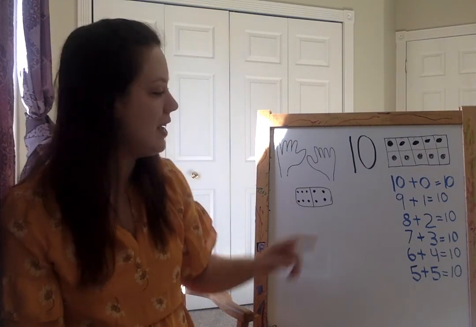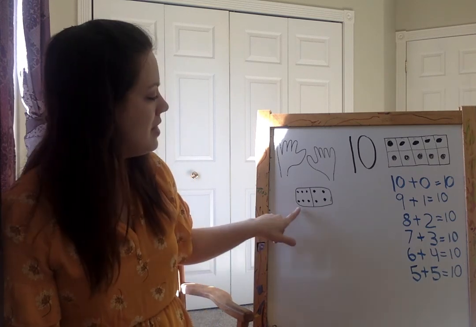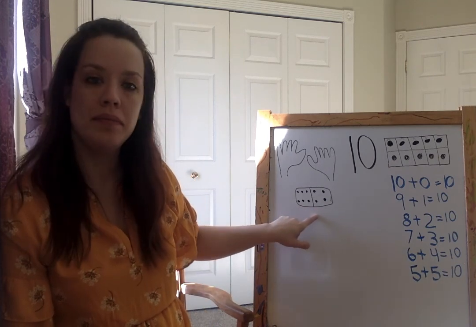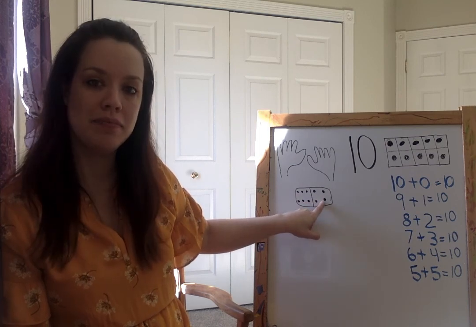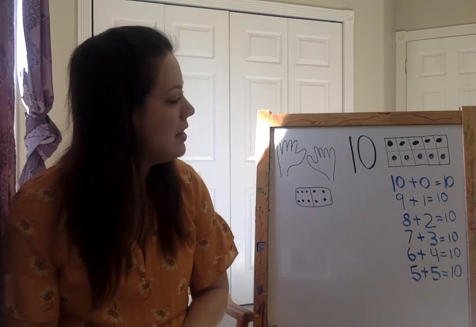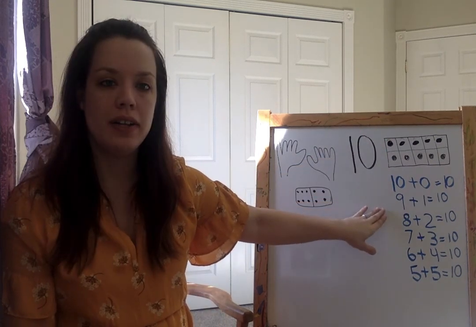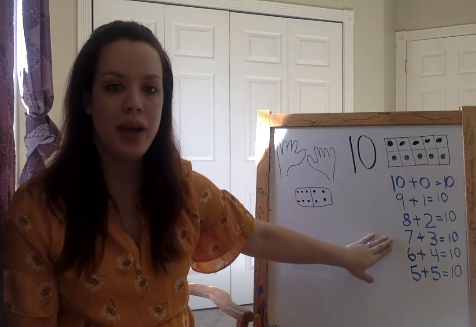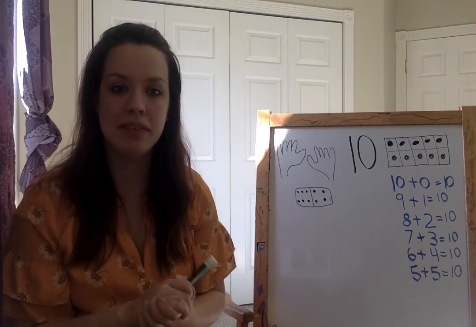One way we can make 10 is on our fingers. Then I showed you a domino with 6 on one side and 4 on the other. The last thing we did in math today was practice taking numbers out of our 10 frame to find some ways that we could add numbers together to make 10.